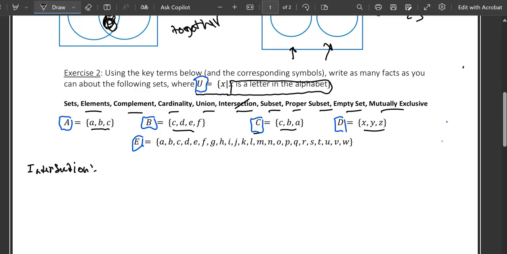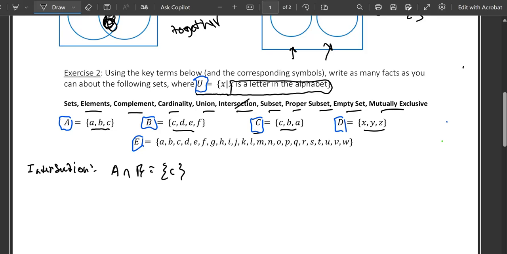So the intersection is where they overlap. If I'm going to look at, how about I look at A, correct? When I do A intersect with B, what are the elements that overlap in A and B? That would be just C, correct?